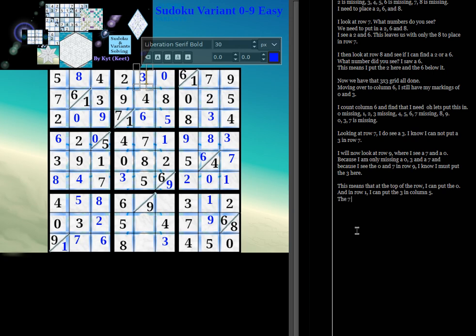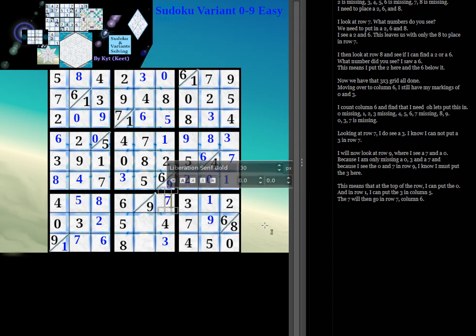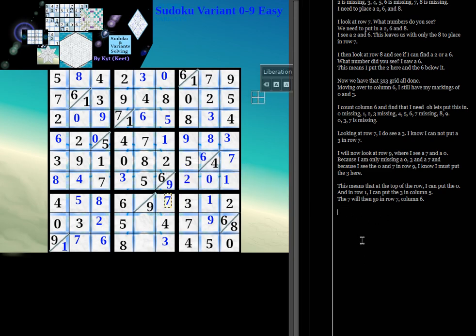The 7 will then go in row 7, column 6. Remember, we only had to place the 0, 3, and 7 in column 6.